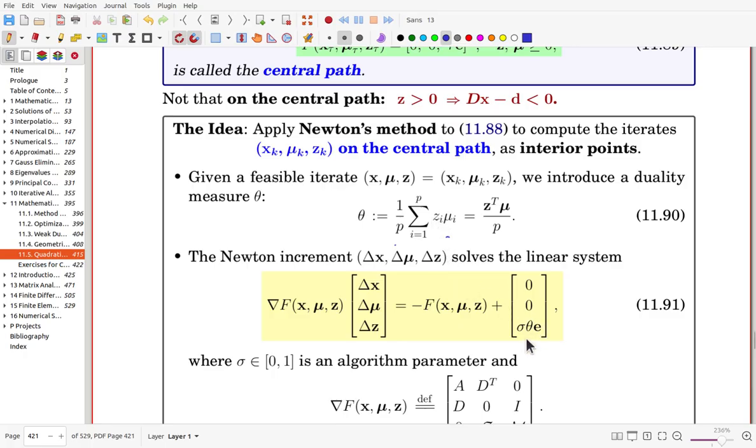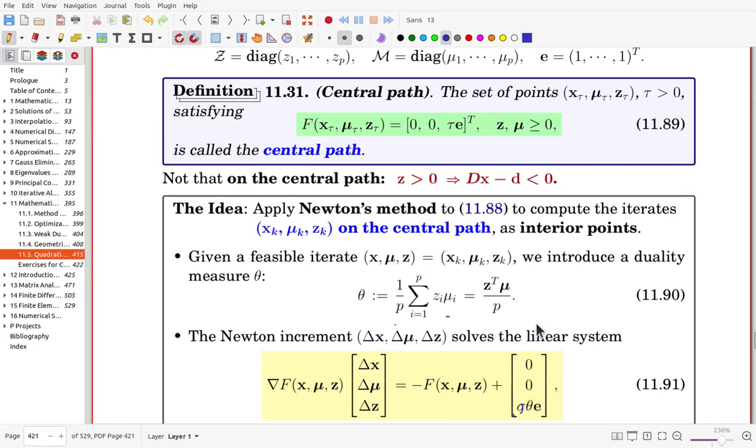Along with some scaling, we try to add this one, and then try to solve this problem. So by using the Newton method, again, we try to get the gradient. Eventually, the gradient of this capital F will be a kind of Hessian of the original objective function.